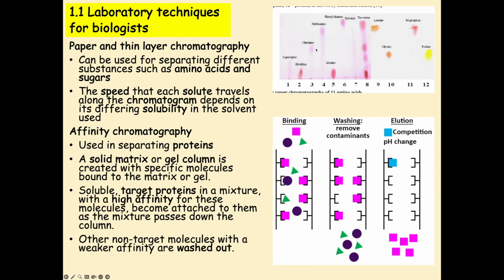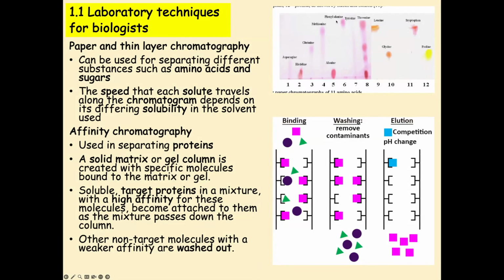Okay, that's this thing here. The speed that it travels along this chromatogram depends on its differing solubility within the solvent used. So we'll put our solution down at the bottom here, and what we'll see is that depending on its solubility, each solute will travel further up the chromatogram, or up the filter paper, whatever it is that you happen to be using.